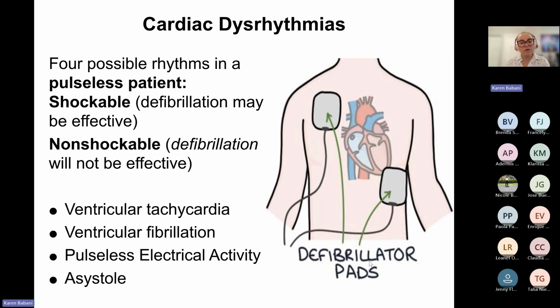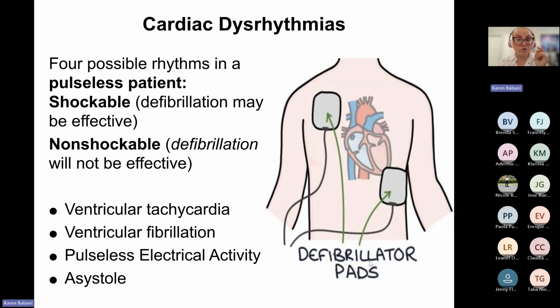You look at the monitor and you're going to see something. Pulseless patient, shockable rhythm: those are ventricular tachycardia and ventricular fibrillation, and that's it. So 4 possible rhythms in a pulseless patient.